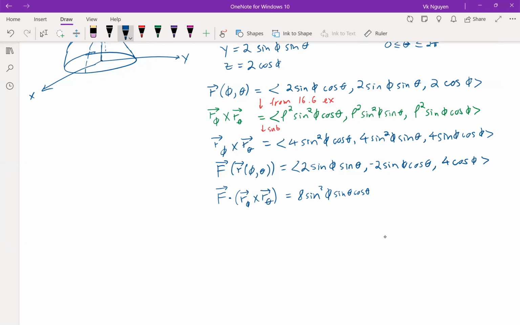Oh, how nice. Oh, lucky. They're going to cancel each other out. And then the last one is 10 sine phi cosine squared phi.